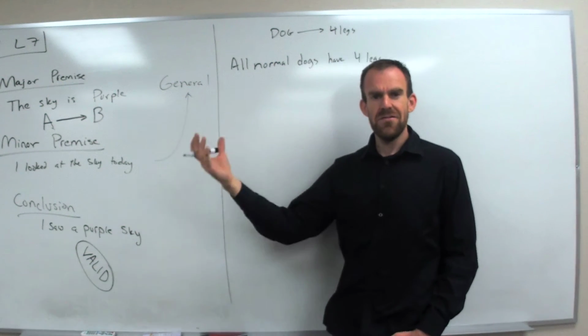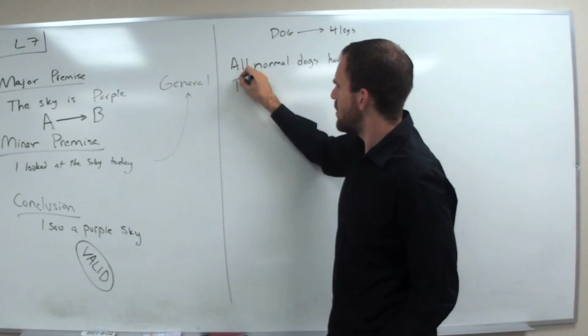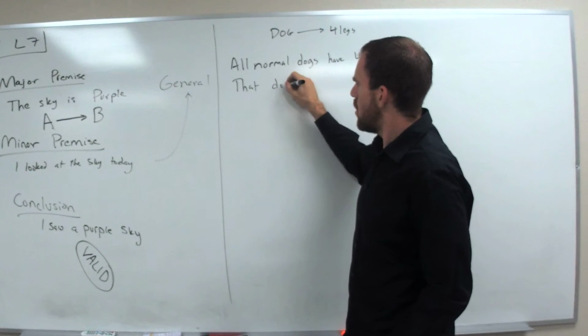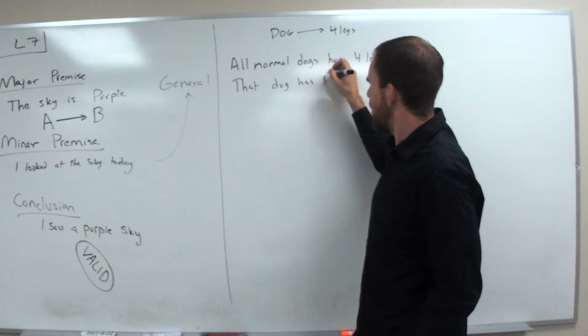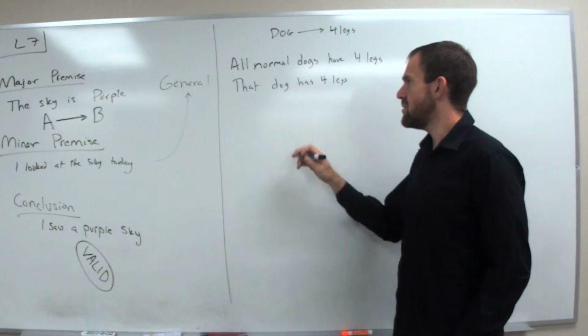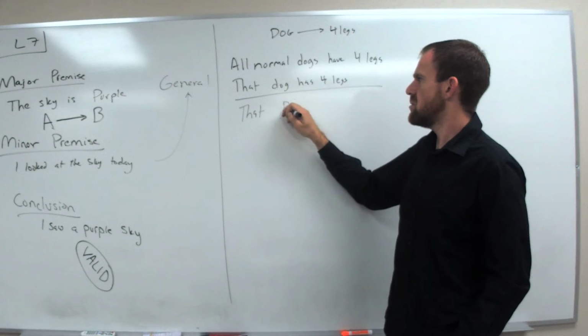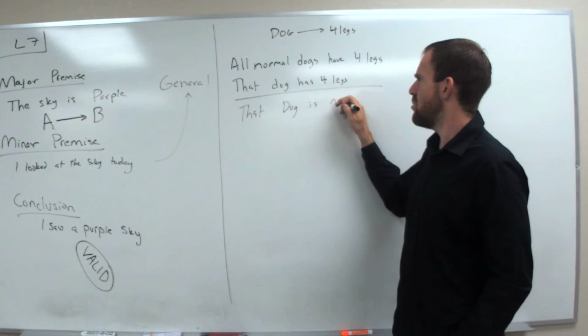Okay? If dog, then 4 legs. Now, that dog has 4 legs. Then, is it safe to say that that dog is normal?